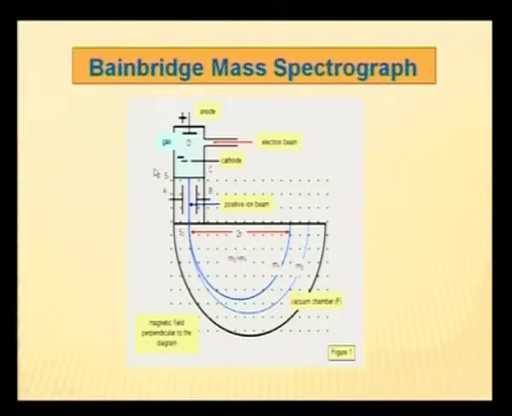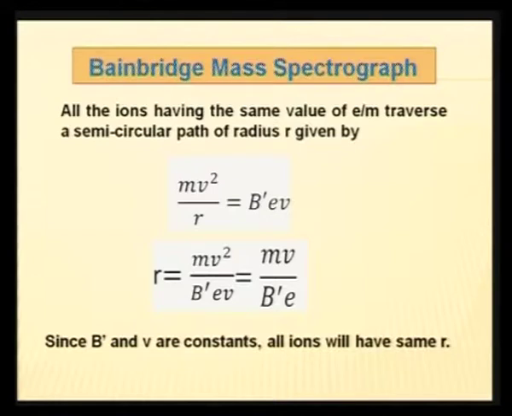This is the semicircular path which you have here. This is 2r, the diameter of the circle. The magnitude of the semicircular path will be given by an expression of this kind. Since B prime, the applied magnetic field, and v are constants. What is v?